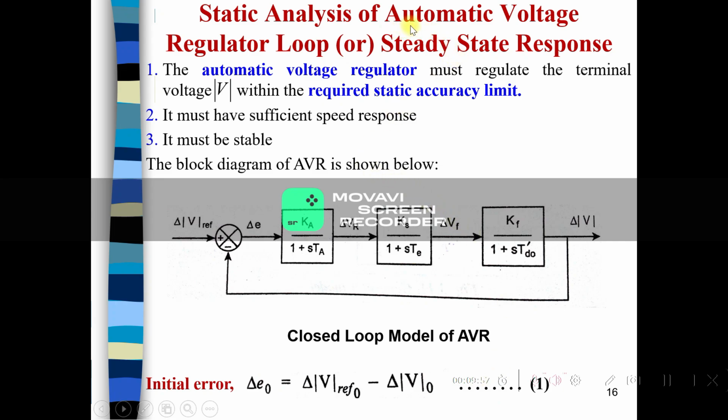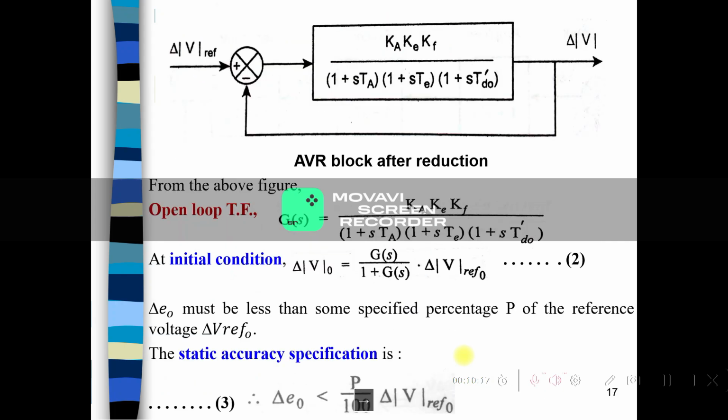Next one, static analysis of the automatic voltage regulator loop. That means the steady state response. So the same block diagram of the comparator, amplifier, exciter, and finally the generator model. For this closed loop model, we are going to derive the initial error conditions. Again, we apply the block reduction technique. We can find the open loop transfer function of the above block and the initial condition. The reference voltage is 0.